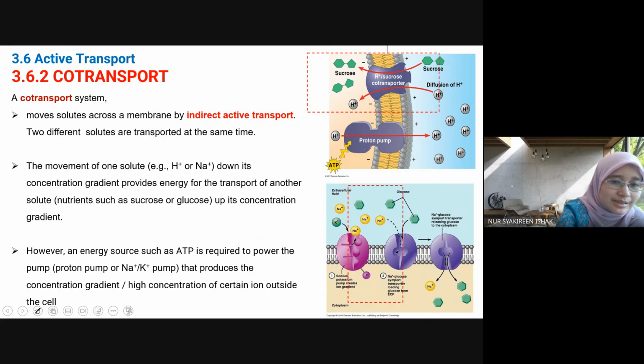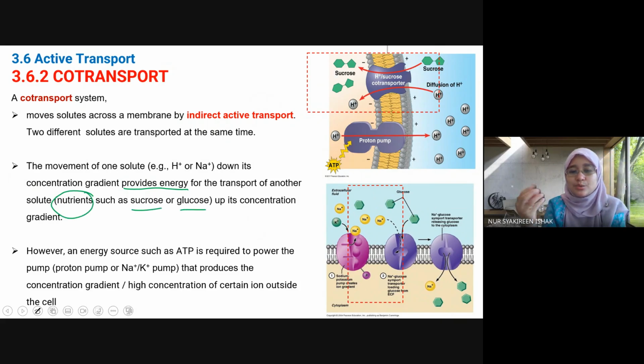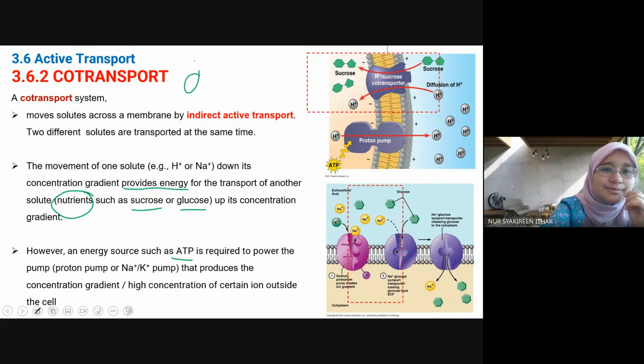Dia kata provides energy for transport of another solute, in this case, for example, nutrients such as glucose or sucrose, up its concentration gradient. However, an energy source such as ATP is required to power the pump, the proton pump or the sodium potassium pump that produces the concentration gradient, high concentration of certain ion outside cell. Dia kata dual kan? Dual energy.